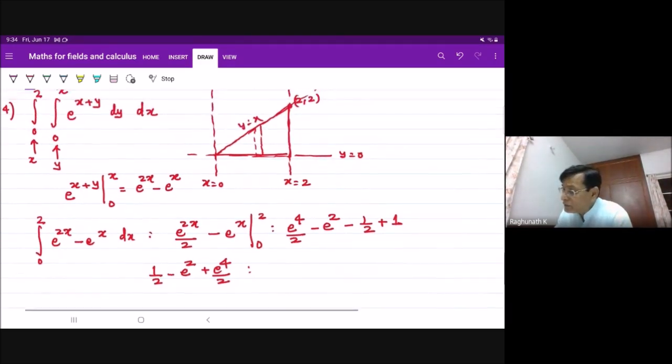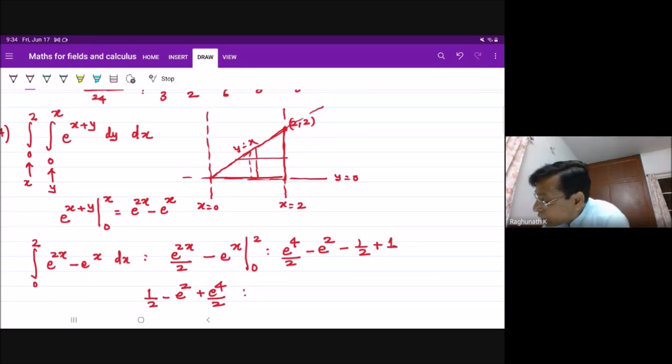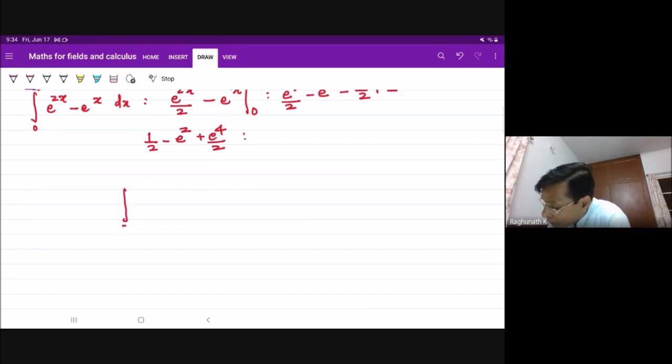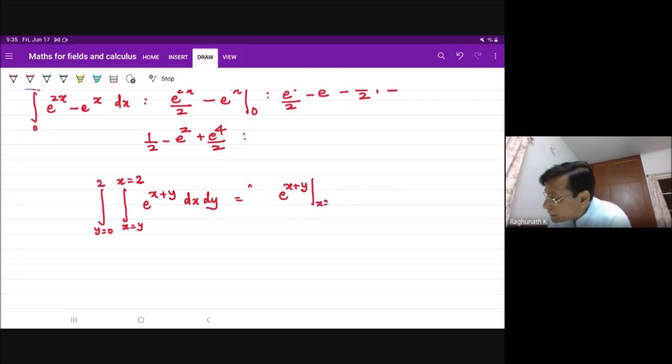Now, if I change the order of integration, what is it? X is equal to y to x is equal to 2, y from 0 to 2, e power x plus y dx dy is equal to, okay, first of all, e power x plus y from x is equal to y to x is equal to 2 is e power 2 plus y, yeah, minus e power 2y.